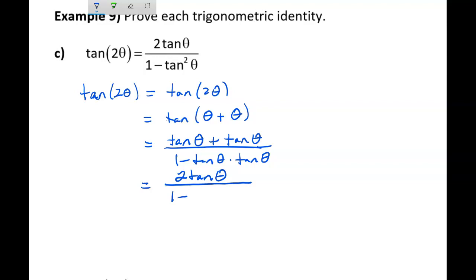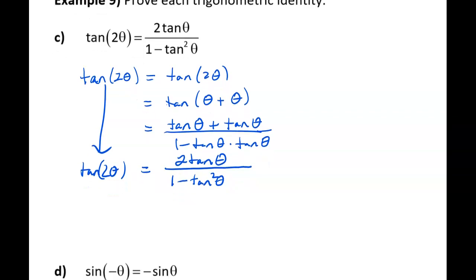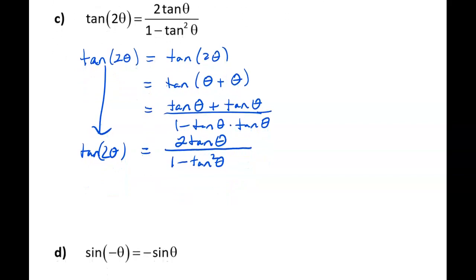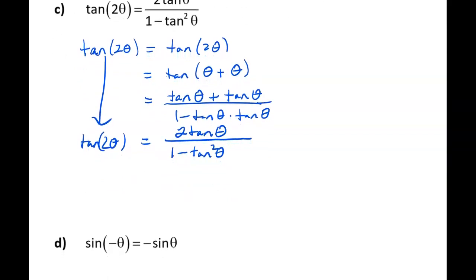And when we multiply two like things, that's the same thing as squaring them, so that's going to be tangent squared of theta in the denominator. Now I'll just bring down my tangent of 2 theta, and we've shown that tangent of 2 theta equals 2 times tangent theta over 1 minus tangent squared of theta. That's actually called a double angle identity, and that's something that we're going to utilize in the next section.